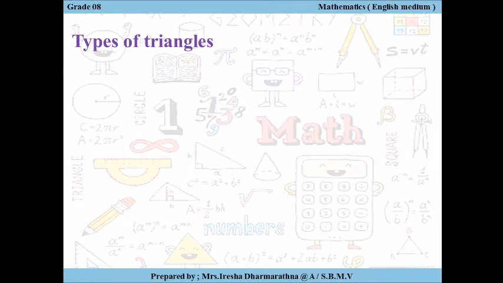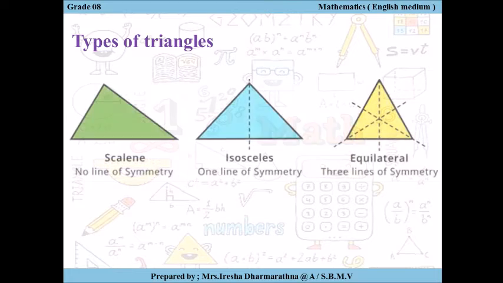That means equilateral triangle, isosceles triangle and scalene triangle. I think you know that an equilateral triangle has 3 axes of symmetry. An isosceles triangle has 1 axis of symmetry. But a scalene triangle hasn't any axis of symmetry.